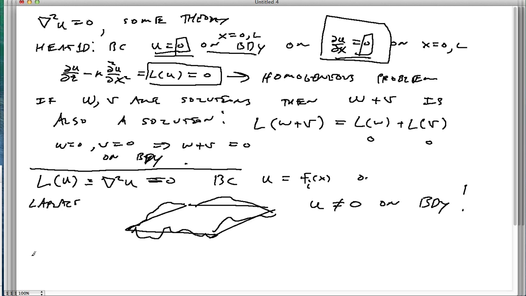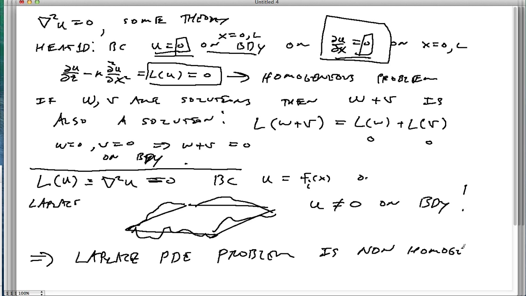So what this means is that our Laplace PDE problem is non-homogeneous. Okay, and so what do we mean by that? We mean that if W and V are solutions, well, certainly it's true that the sum will solve the PDE still.